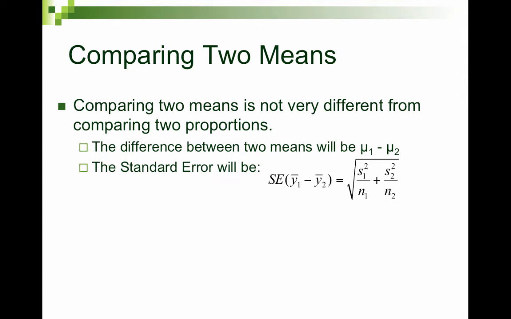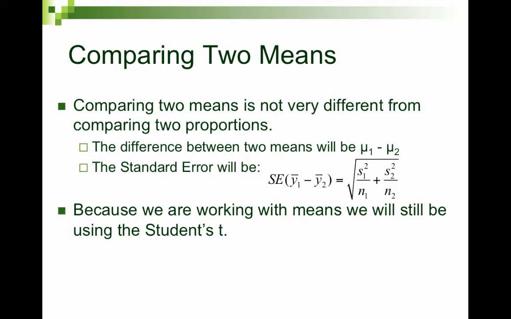The standard error is going to be the standard error of the difference, but remember we always add variances, so it's the square root of the sample standard deviation squared divided by n from the first sample, plus the standard deviation of the second sample squared over the sample size of the second sample. And then you take the square root of the whole thing. So that's our new standard error when we are dealing with two means.